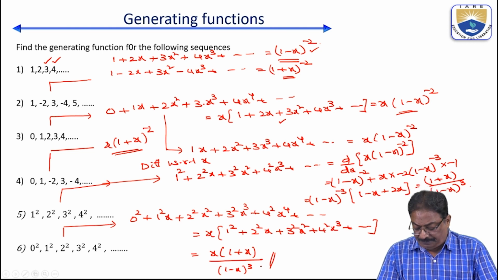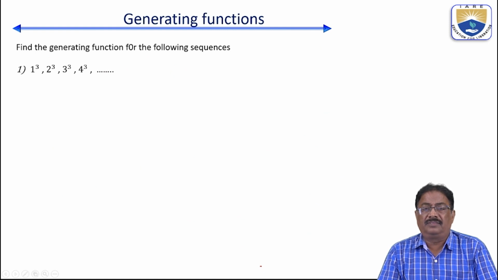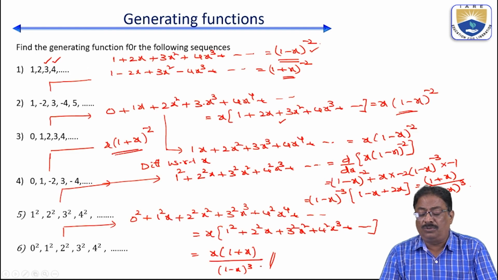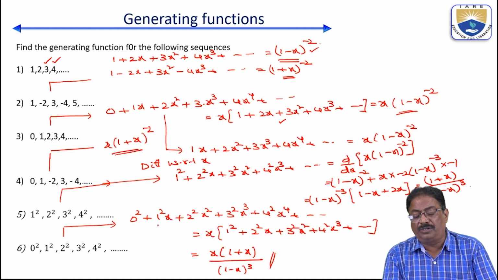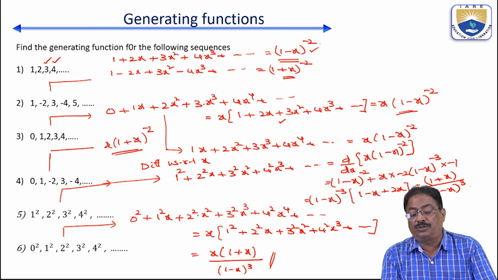Now let us go for the other problem. This is 1 cubed, 2 cubed, 3 cubed, 4 cubed and so on. So now you observe this. If I am going to differentiate this, 1 I am going to get here, 2 squared into x squared, derivative is 2x, so I am going to get 2 cubed x.